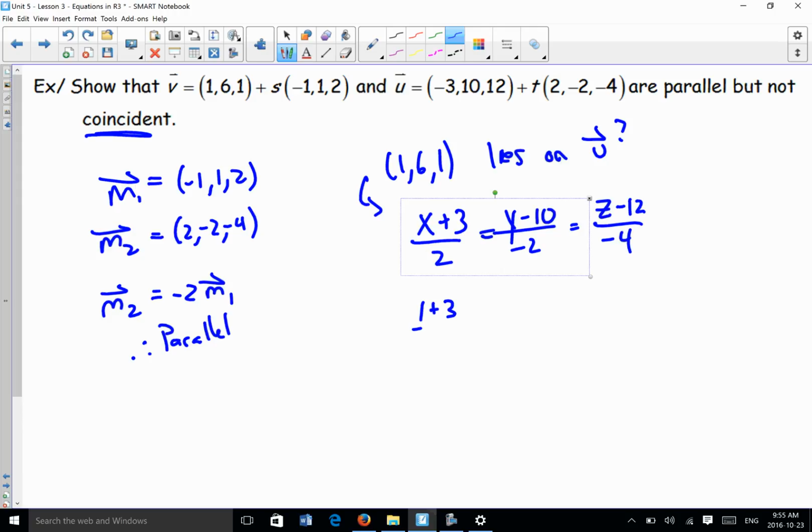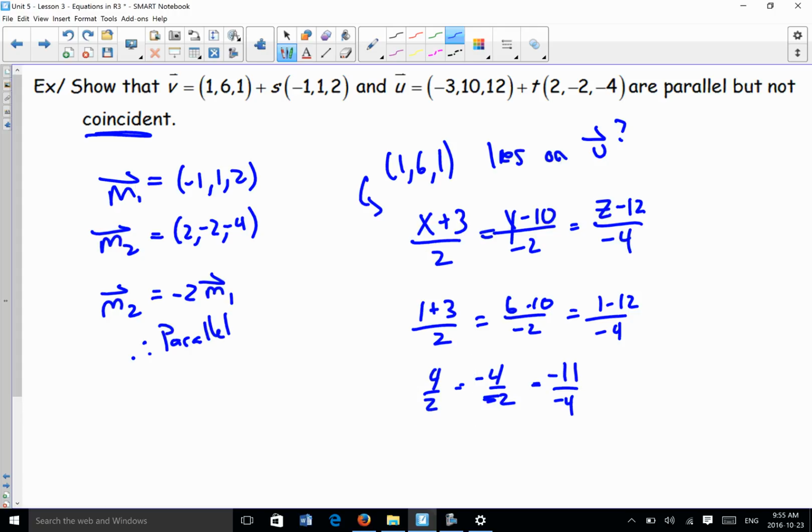So (1 plus 3) over 2 should equal (6 minus 10) over -2 should equal (1 minus 12) over -4. We'll get 4 over 2, -4 over -2, and -11 over -4. And I'm hoping you guys can see what's going on here. 2 is 2, which does not equal 11 over 4. So that point is not on the line.